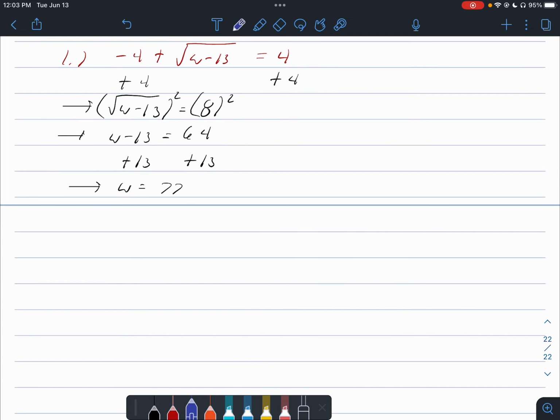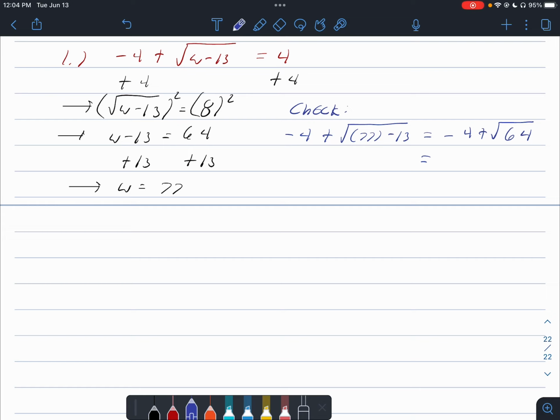Let's do that. We're going to check our answer, and we're going to have -4 plus the square root of 77 minus 13, and that should be equal to 4 if everything works out. This is equal to -4 plus the square root of 64.